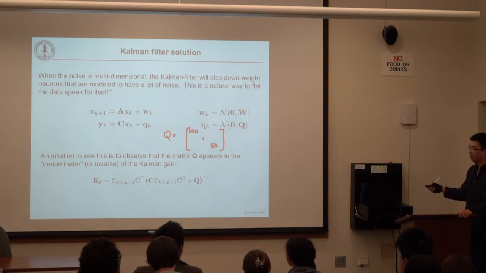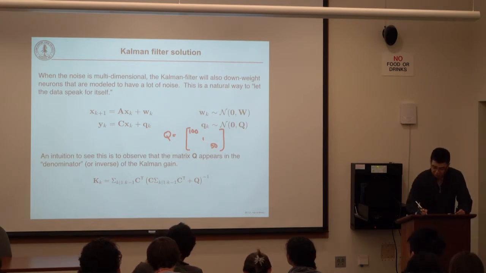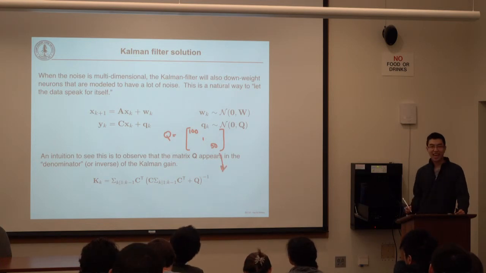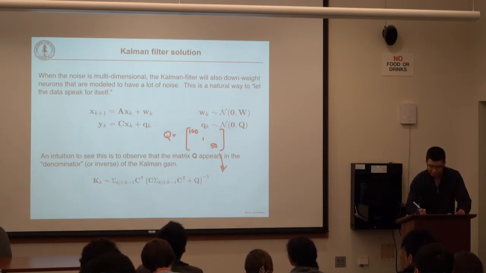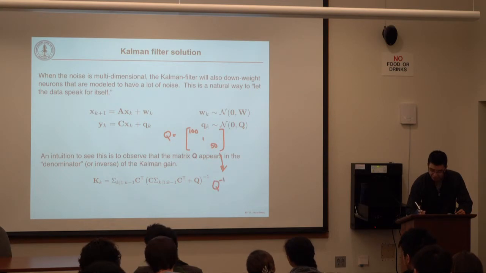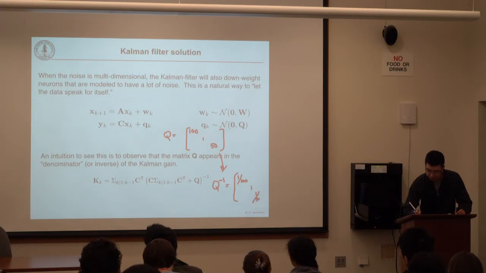It only has a noise variance of 1. And dimension 3 is OK, it's moderate. It has a noise variance of 50. I wrote this as a diagonal matrix because I can invert that. If I were to calculate Q negative 1, that would equal 1 over 100, 1, and 1 over 50, with zeros everywhere else.